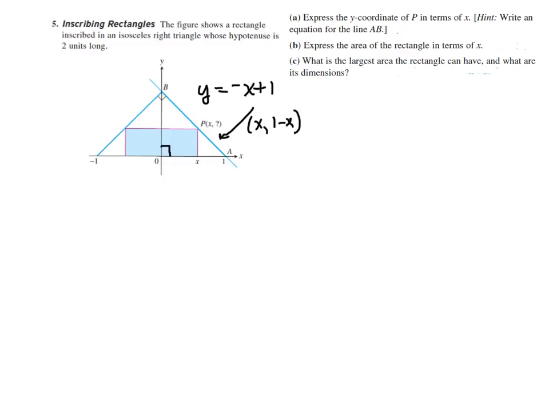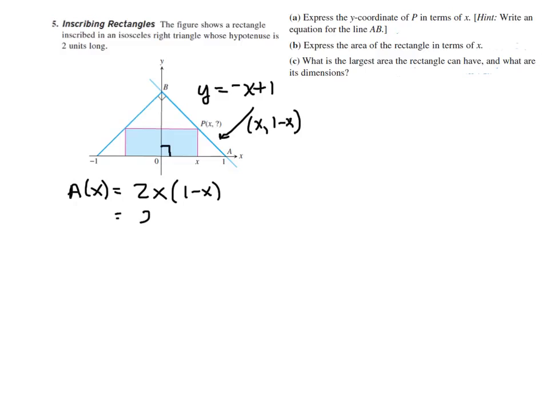So now the area of my rectangle, A of x, will be 2x because the distance across the rectangle, we have x on this side, so that means we'll have x units to the left as well. So that'll be 2x for the base of the rectangle, and then the height of the rectangle is 1 minus x.